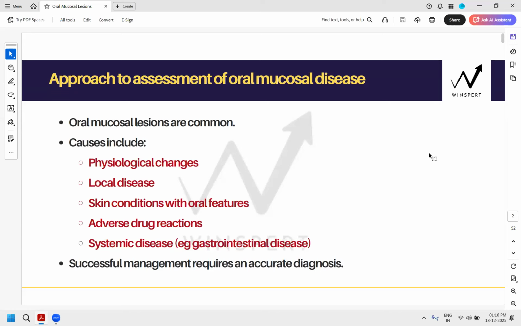There can be physiological changes in the oral mucosa. Local disease can lead to that. Skin conditions which can have oral manifestations, adverse drug reactions, and systemic diseases. So out of these 5 broad categories, one of the categories would apply to your mucosal lesion. Okay?